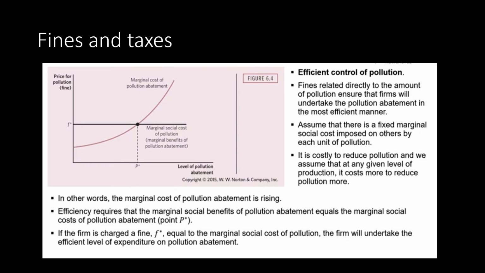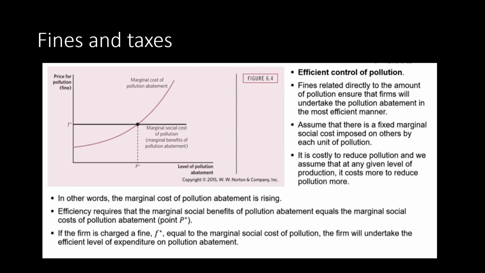Assume that there is a fixed marginal social cost imposed on others by each unit of pollution. It is costly to reduce pollution, and we will assume that at any given level of production, it costs more to reduce pollution more. In other words, the marginal cost of pollution abatement is rising.